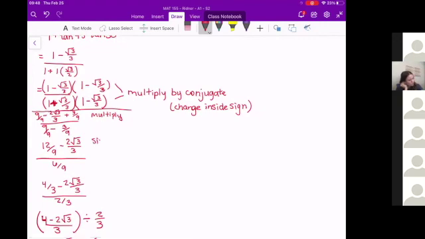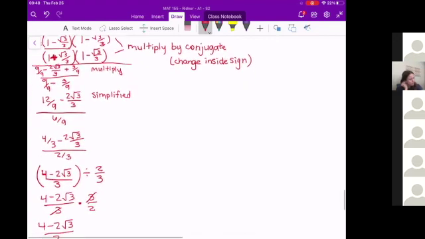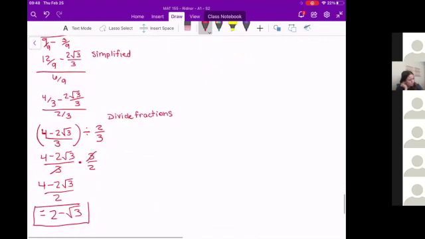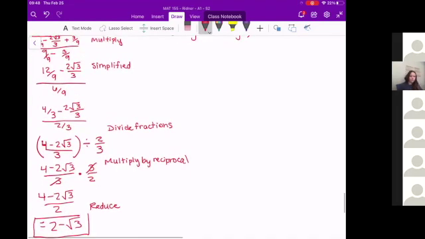And then from here we simplified. And then here is divide fractions, which means to multiply by reciprocal. And then reduce. That way, if you go back and look at this, the steps are there for you.